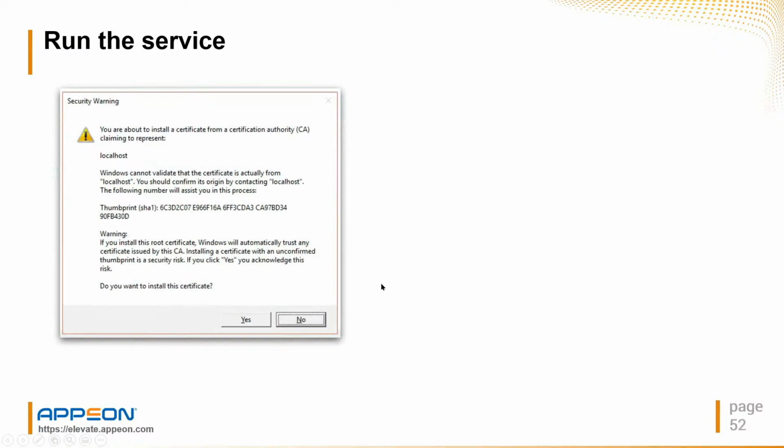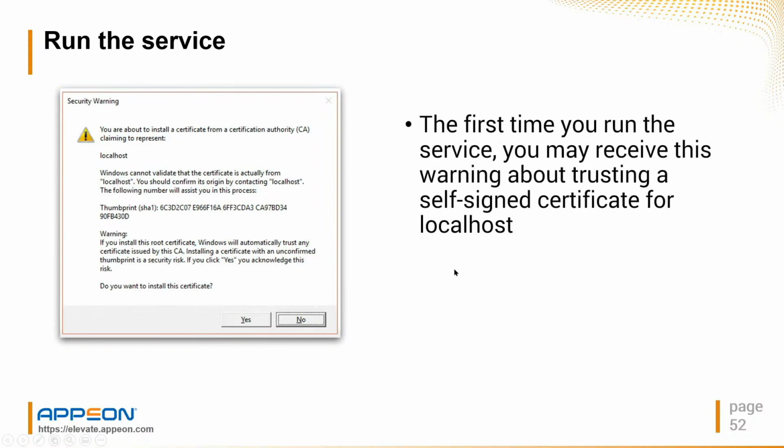The reason is that it's going to create a self-signed certificate, and so you're going to get this warning because it's going to try to add that self-signed certificate into the certificate store, asking do you really want to put a self-signed certificate in the certificate store? Go ahead and click yes, and it won't prompt you again after that.